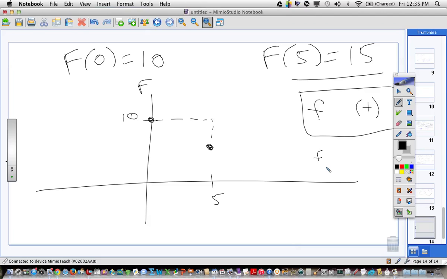So if this is 3.5 right here, let's pretend that little f was 3.5 the whole time. Remember, that's the slope. So if you go over 5, you'd have to run 27.5, right? Now, you would not have to get that specific on this. To be at 15, you would have to go over 5 and up 5.